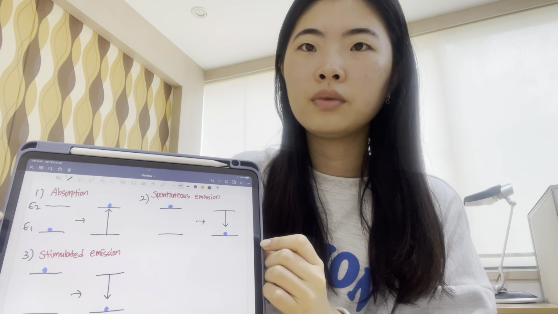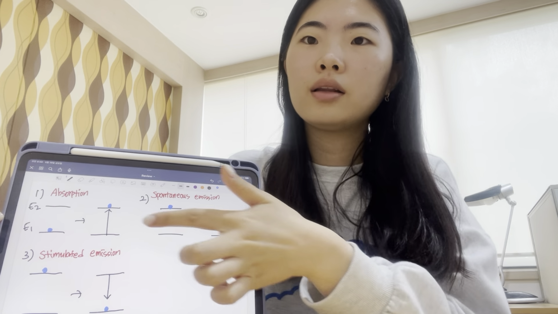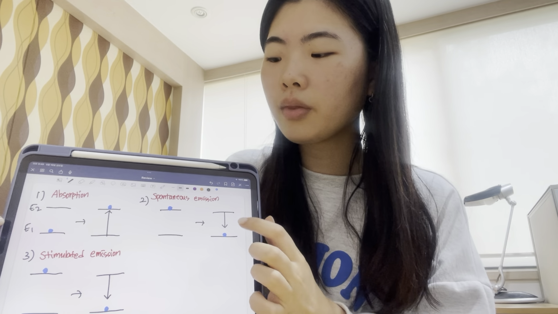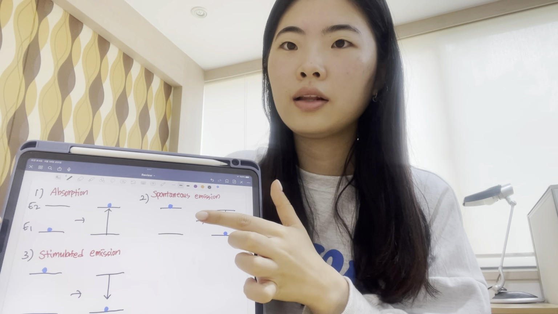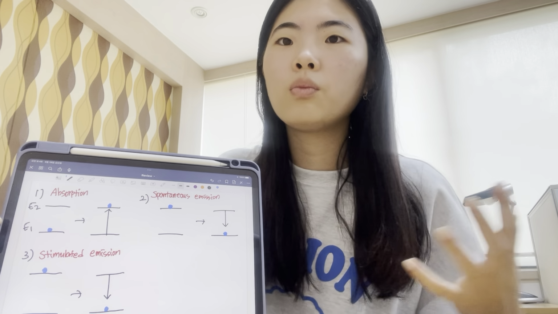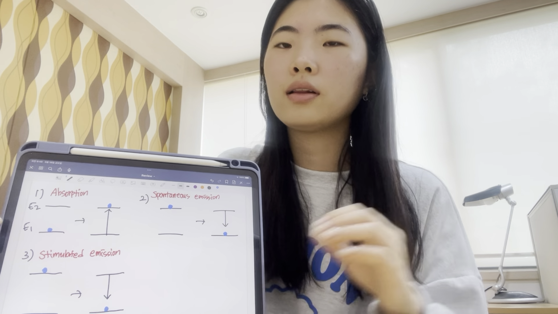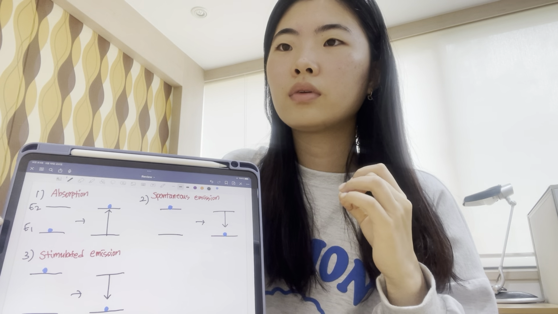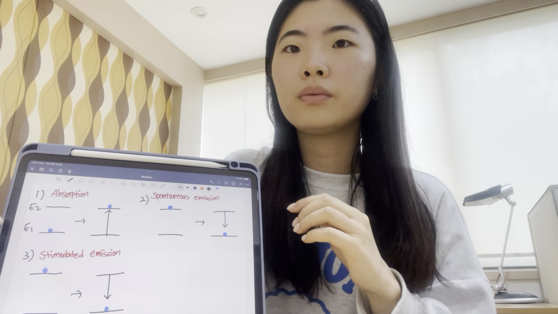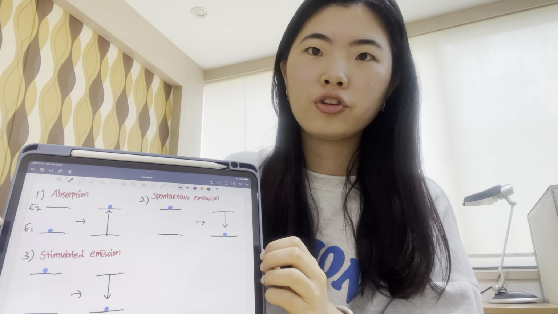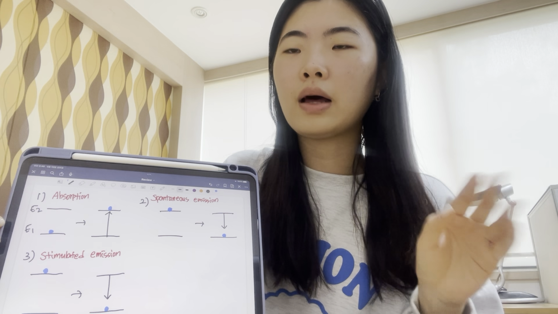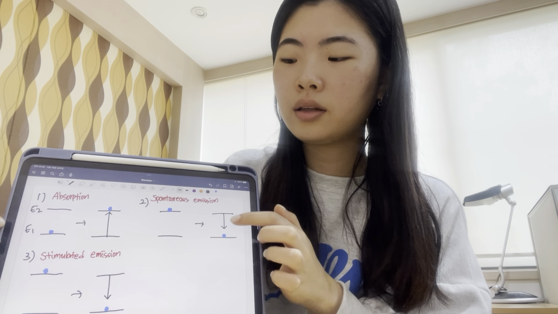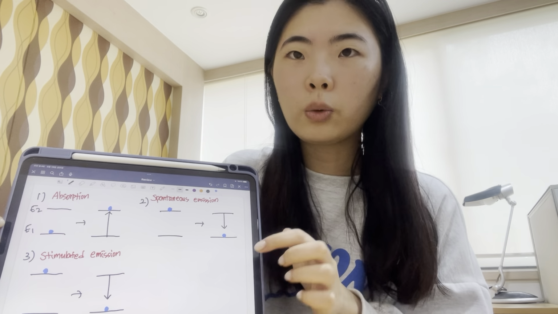So it is different from absorption. It goes lower than before. First, the electron is located at a higher energy level, so it has more energy than the lower level, but that electron pushes its energy out to the outside, and then it jumps to the lower energy level.